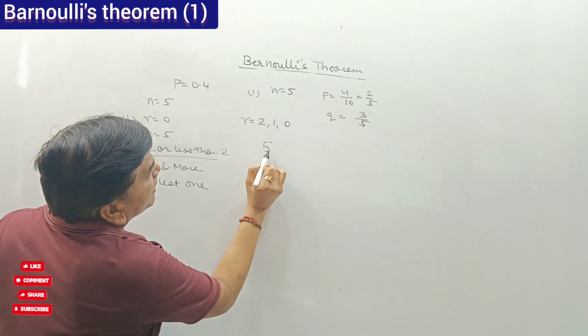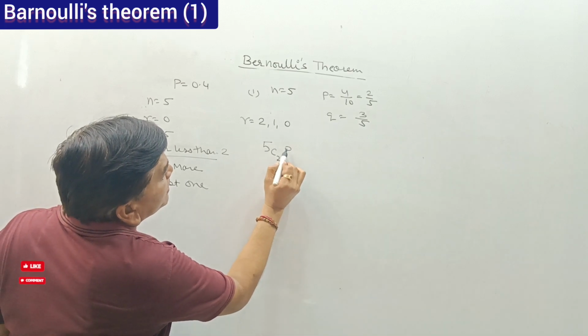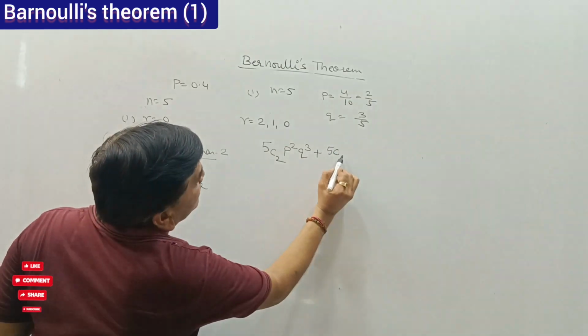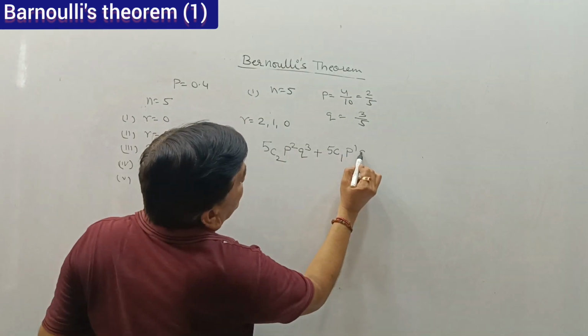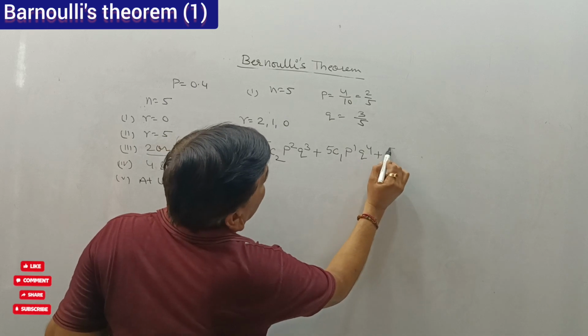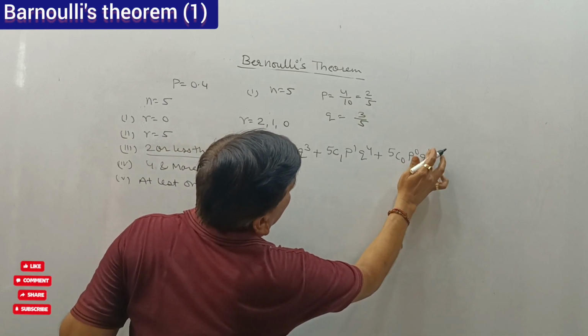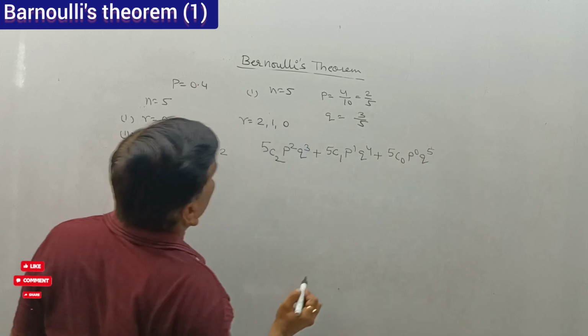So there will be 5c2 p raised to power 2 q raised to power 3, 5c1 p raised to power 1 q raised to power 4 and 5c0 p raised to power 0 q raised to power 5.